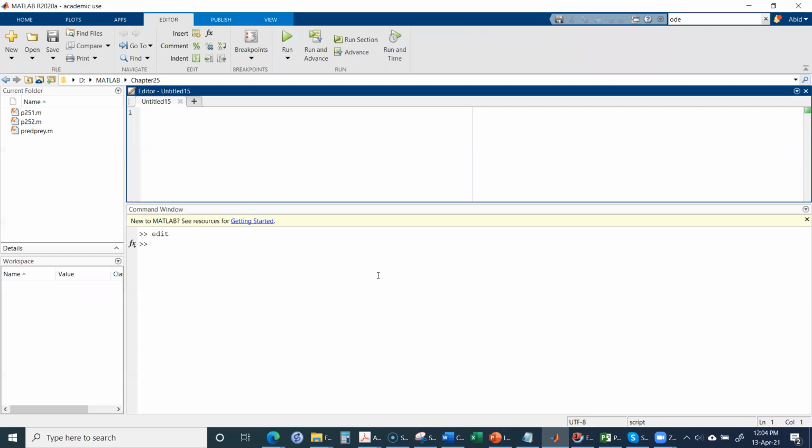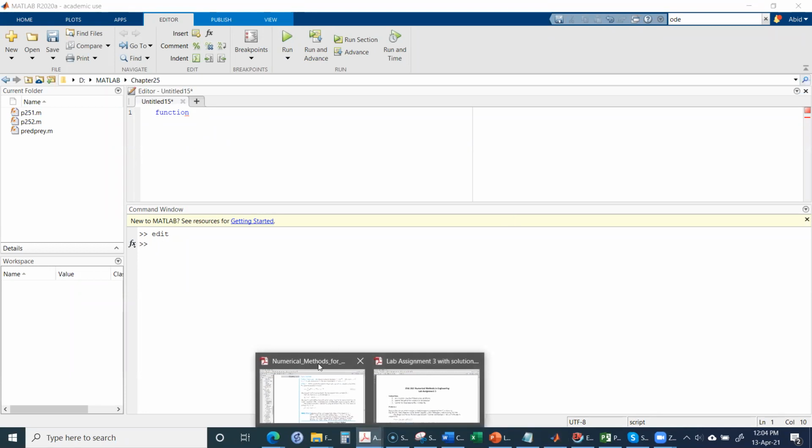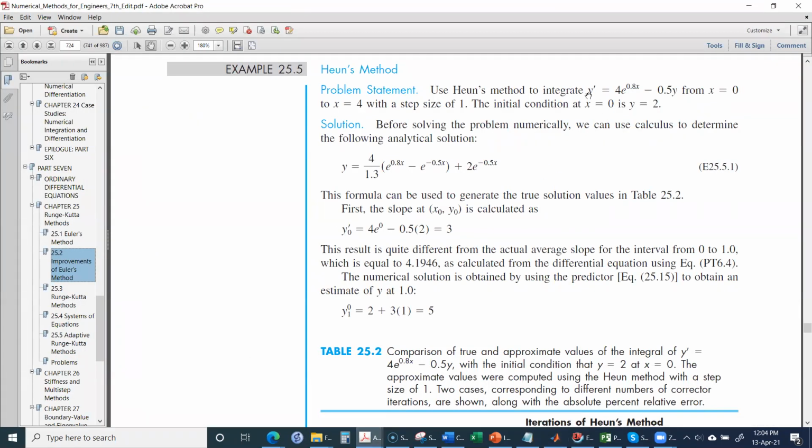So it will be like that. We'll start with function, and then you will give the name of the function, and then the variable name. In this case, our function is given by y prime, so we can say it as yp.